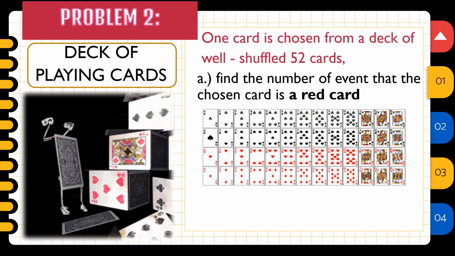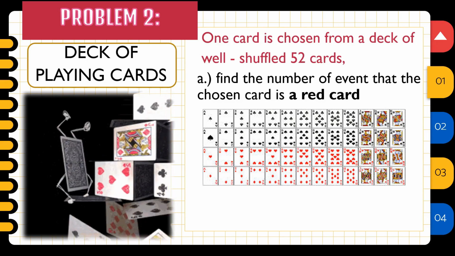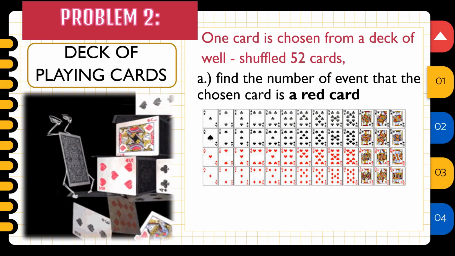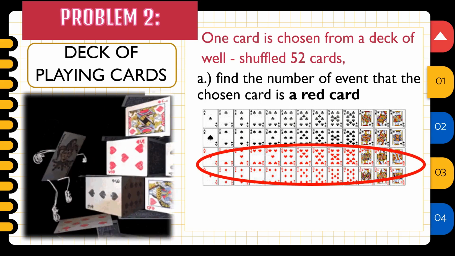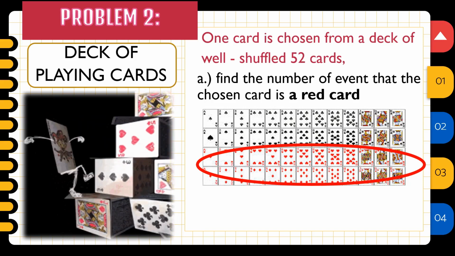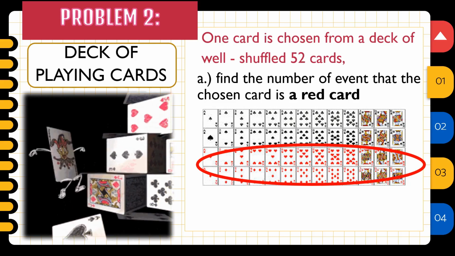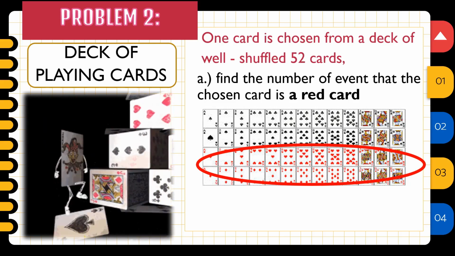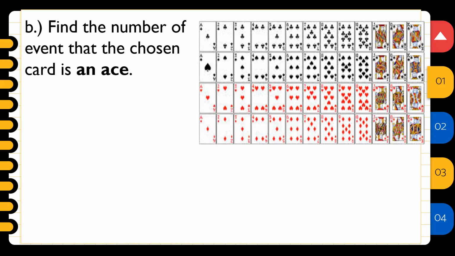Each class has 13 pieces from ace to king. Now, if we are looking for the red card, we will consider the hearts and the diamond because these are the only red cards in our deck of cards. So, there are 13 hearts and another 13 diamonds. So, therefore, there are 26 red cards.